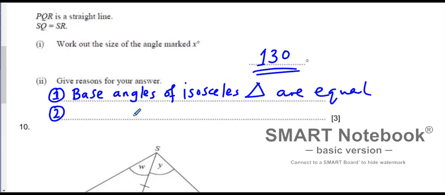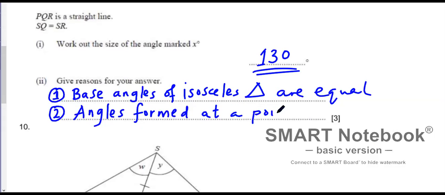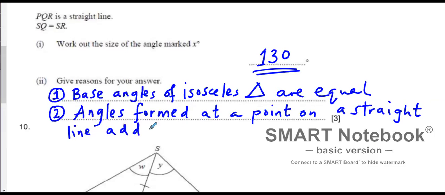Second reason is that angles on a straight line, angles formed at a point on a straight line, add up to 180 degrees.